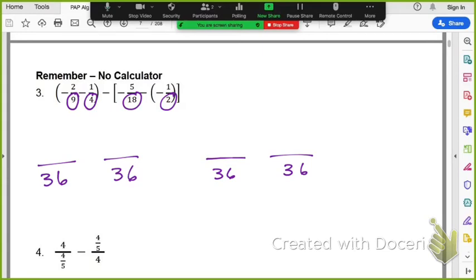Now, this 2 over 9, I had to multiply 9 by 4 to get 36. So then what would that make the numerator? 8. -8. And does it matter if I put the negative on the numerator or out in front? Does that make it different? No. What if I put it on the bottom?